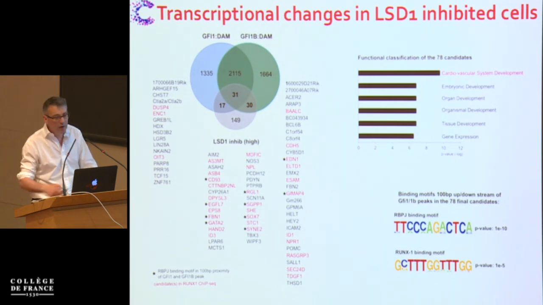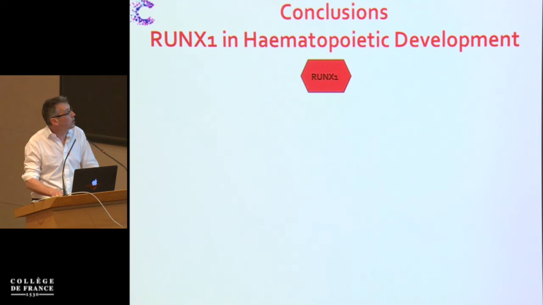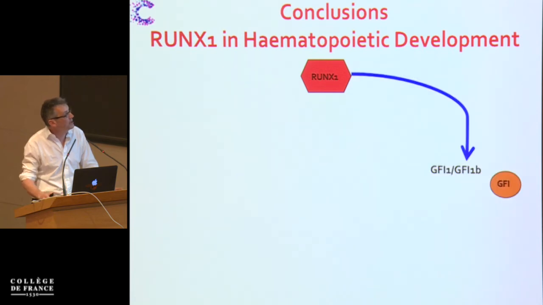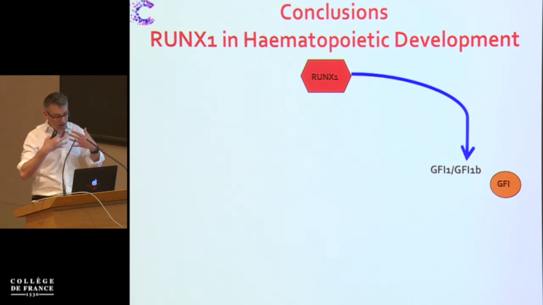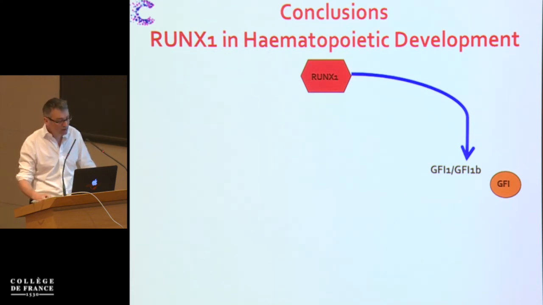So really what we think here is that we're showing directly that GFI1 is important to downregulate the endothelial program. If we put this all together, this is a RUNX1-centric view of hematopoietic development. We think that in this hemogenic endothelium, RUNX1 is first perhaps implicated in the adhesion and the specification of this hemogenic endothelium.